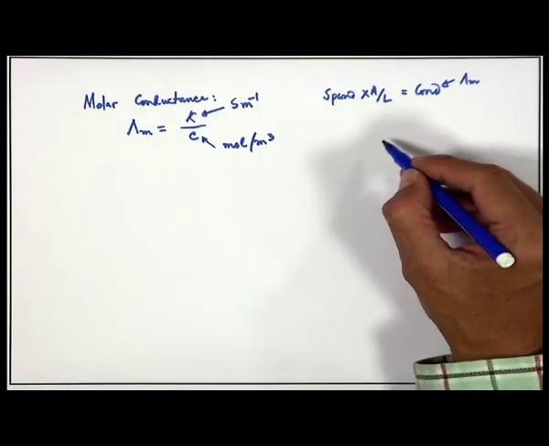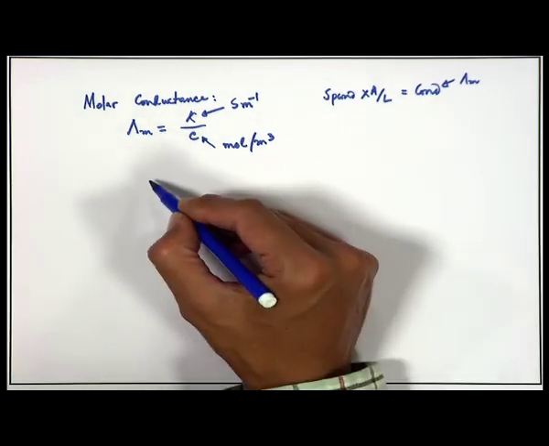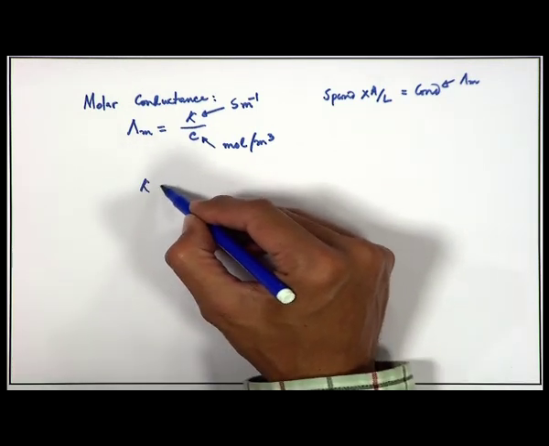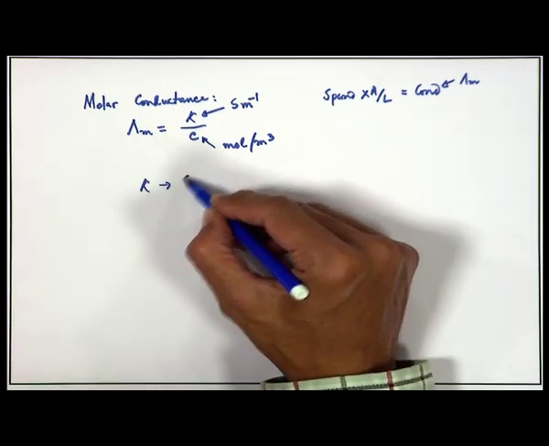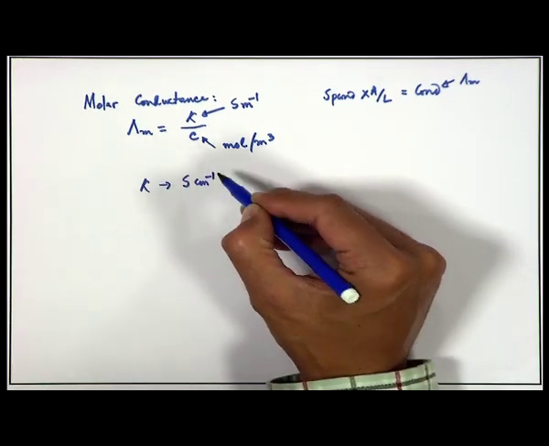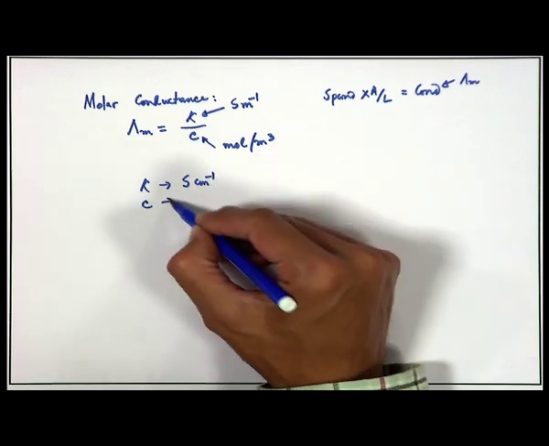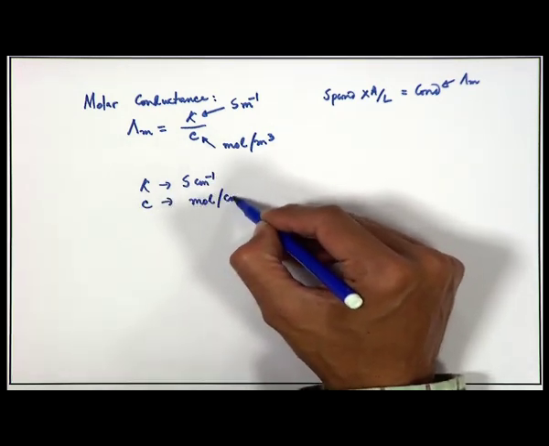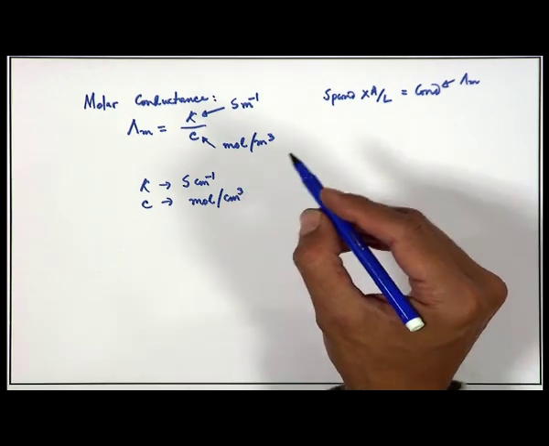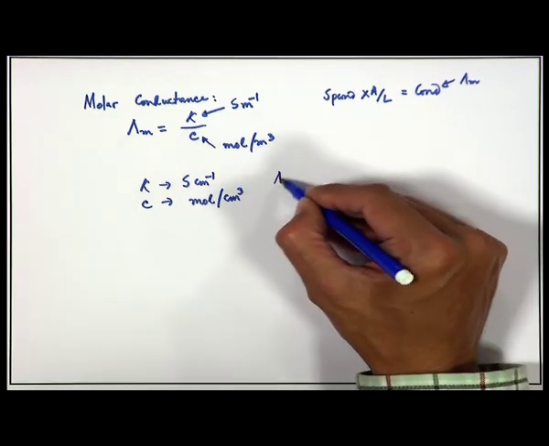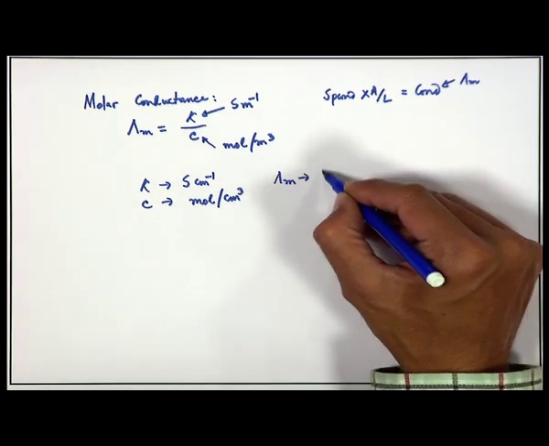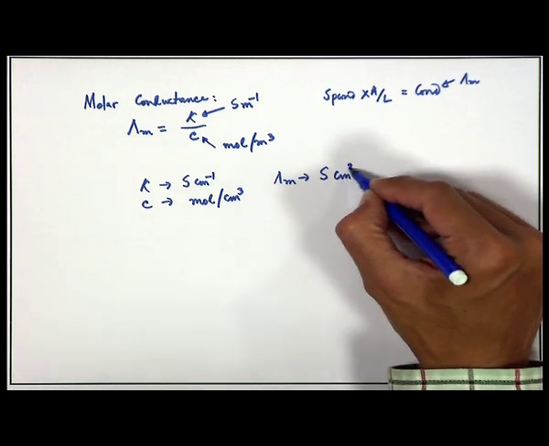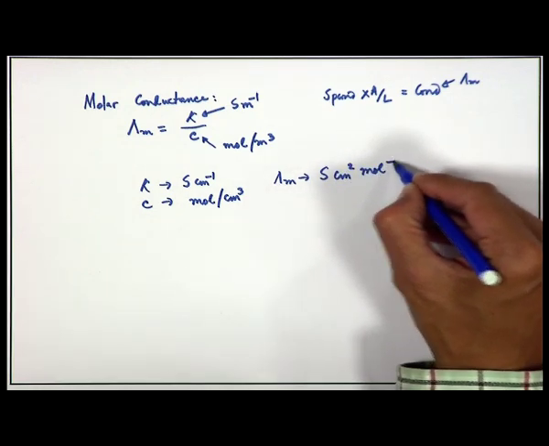Now, next is if kappa is expressed as Siemens centimeter inverse and concentration is expressed as mole per centimeter cube, then lambda m comes out to be Siemens centimeter square mole inverse.